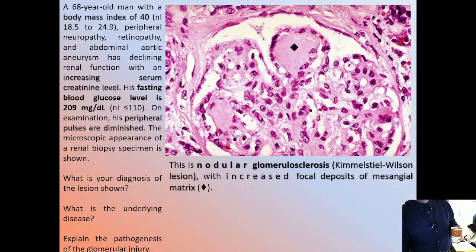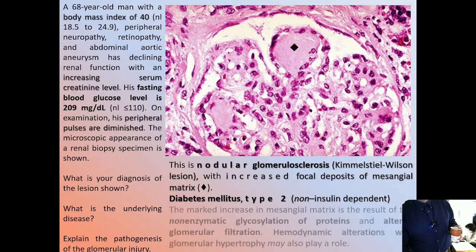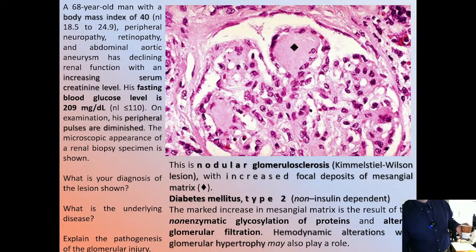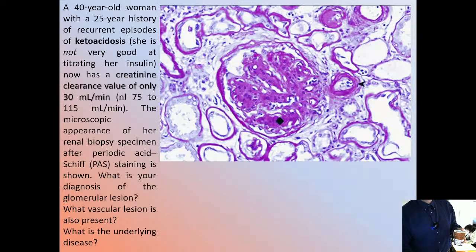This is nodular glomerulosclerosis. This is a case of diabetes mellitus of adults, and here is the biochemical abnormality under this morphologic feature. Oh, here we have a PAS stain.